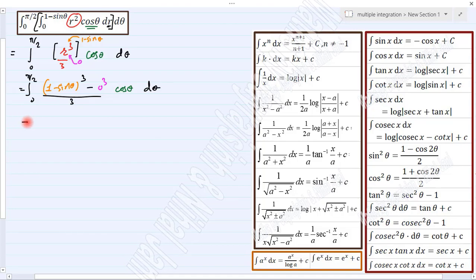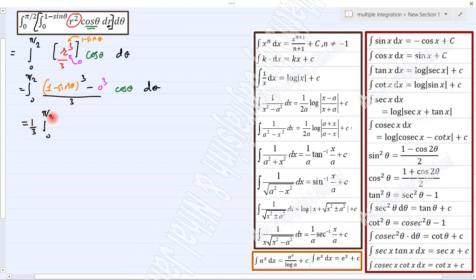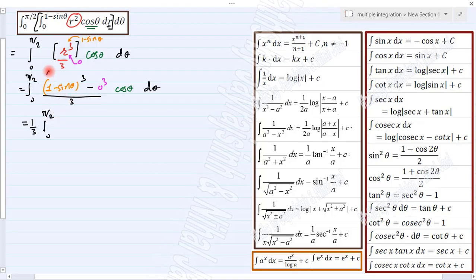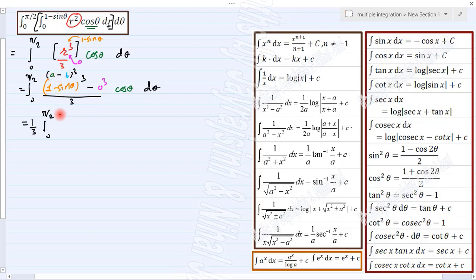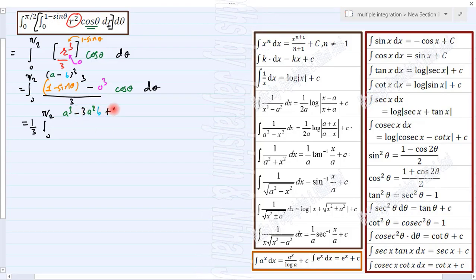Okay, now let's take 1 by 3 common. It is just a constant term, and let's expand 1 minus sin theta by applying a minus b the whole cube, which will be expanded as a cube minus 3a square b plus 3ab square minus b cube.